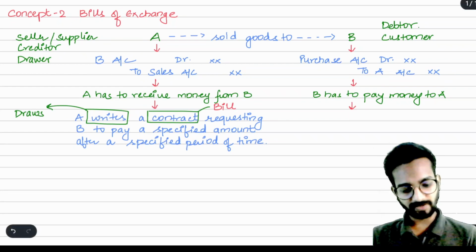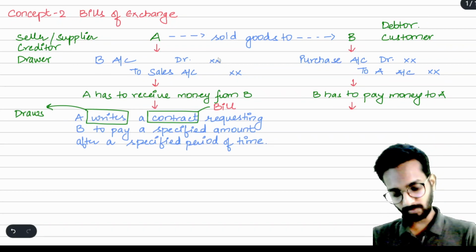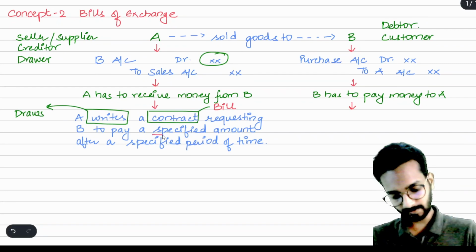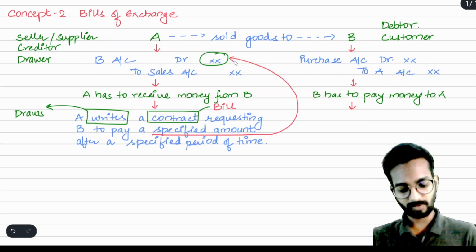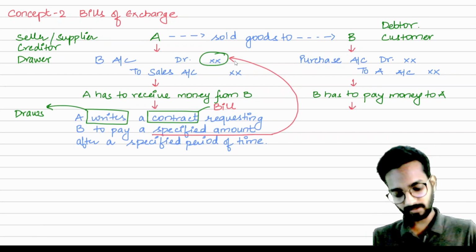Now A draws a bill requesting B to pay a specified amount. What is that specified amount? This amount that we had to receive from B, this is called our specified amount. After a specified period of time, what does it mean?